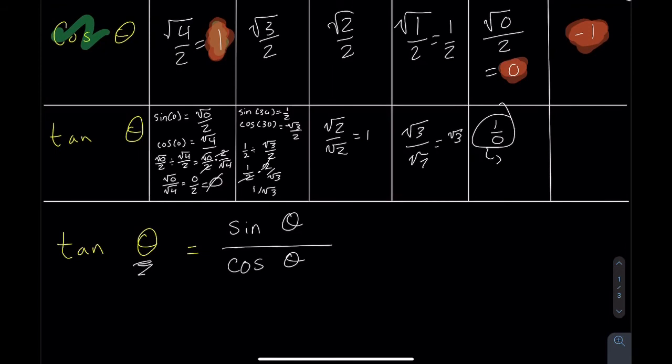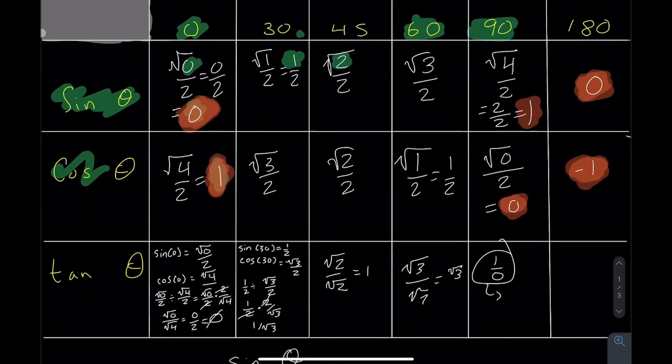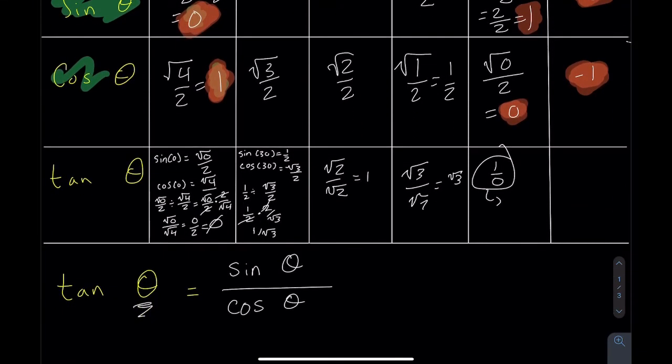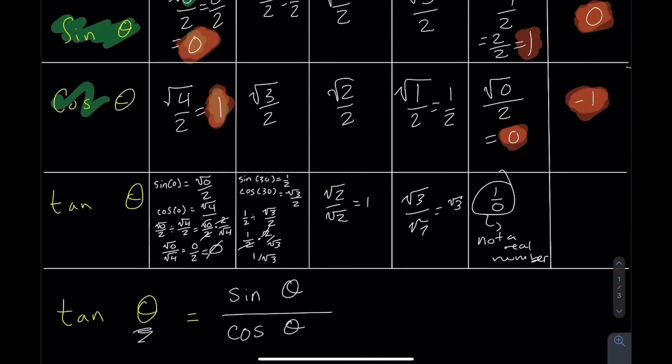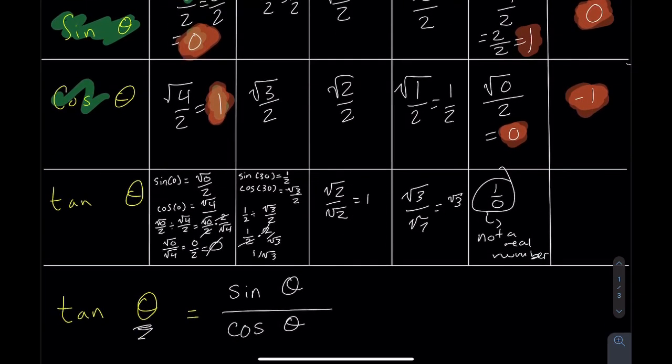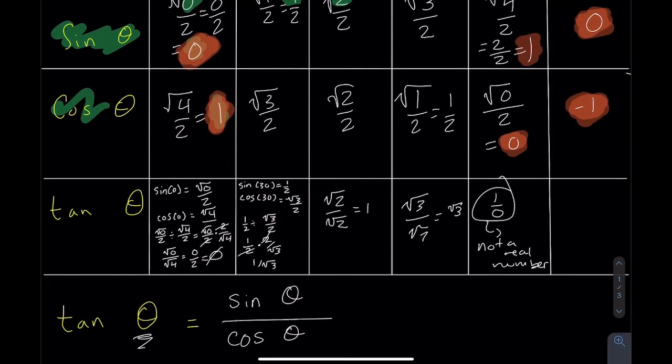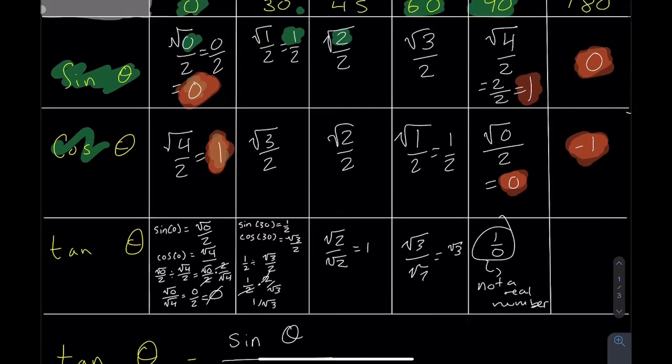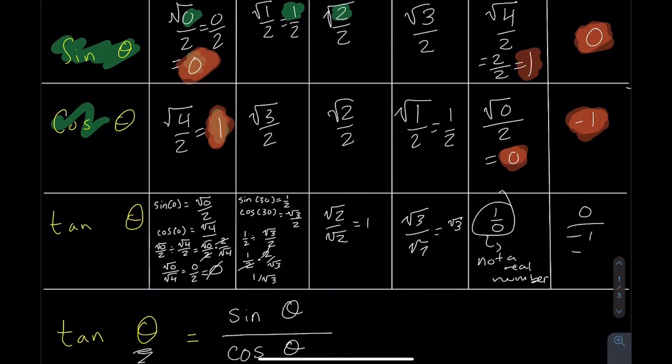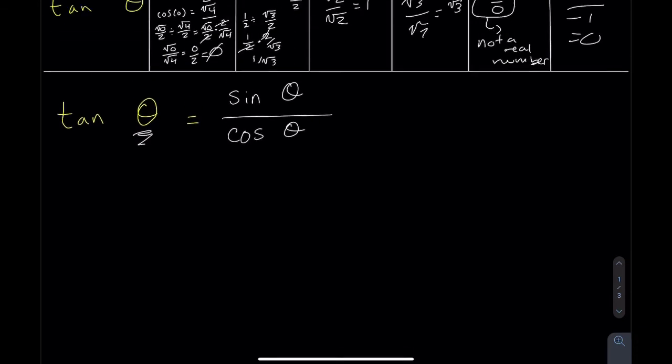It's not a real number, so it's an asymptote. We have a vertical asymptote here. So you can just say not a real number. And at 180, remember tangent is equal to sine over cos, so we have sine of 180 is 0, divided by -1, that's just 0.